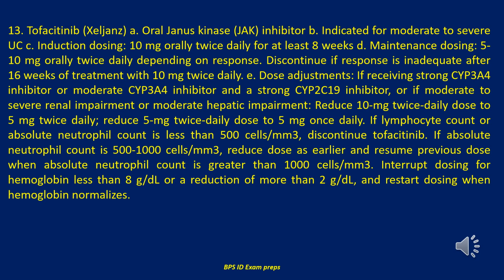If lymphocyte count or absolute neutrophil count is less than 500 cells per millimeter cubed, discontinue tofacitinib. If absolute neutrophil count is 500 to 1000 cells per millimeter cubed, reduce dose as earlier and resume previous dose when absolute neutrophil count is greater than 1000 cells per millimeter cubed. Interrupt dosing for hemoglobin less than 8 grams per deciliter or a reduction of more than 2 grams per deciliter, and restart dosing when hemoglobin normalizes.